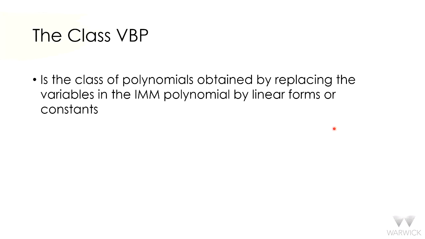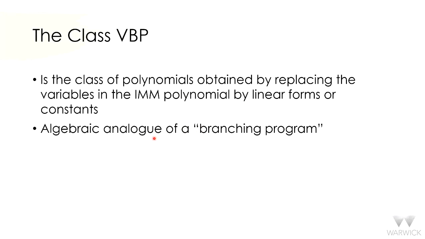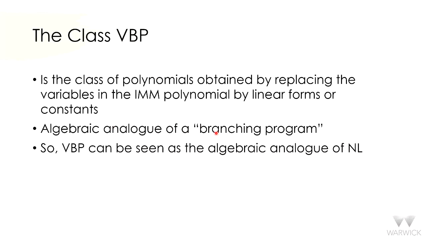All sorts of polynomials that you can compute by doing this process, that class is what I'm going to call VBP. And this can be very quickly seen to be an algebraic analog of a branching program. That's why this class is called, well, basically variance branching programs, let's say. Therefore, it can also be seen as the algebraic analog of the class NL/poly.